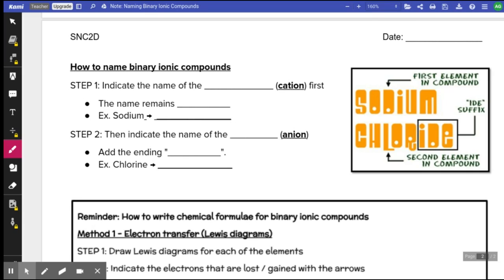You write the name of the metal, or the cation, first, and it remains the same. So sodium becomes sodium. Then you indicate the name of the non-metal or the anion, and you add the ending "ide."